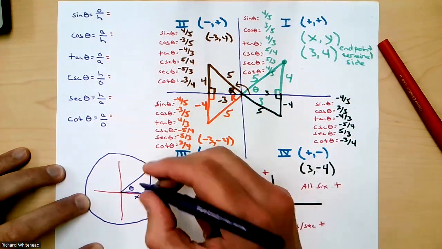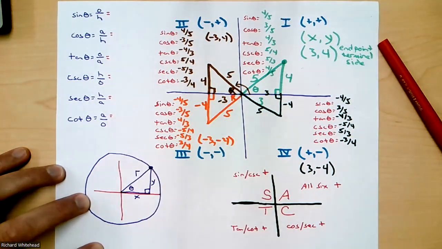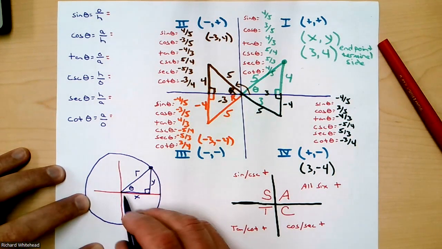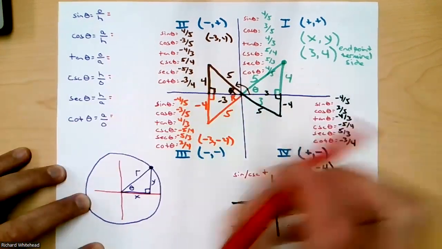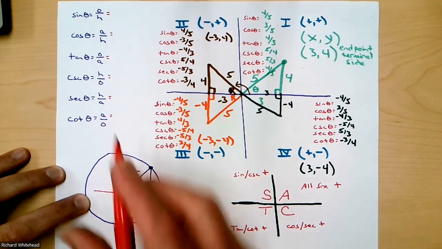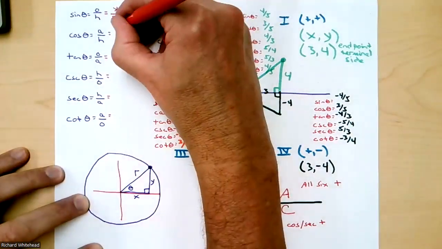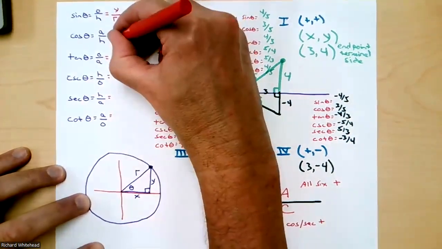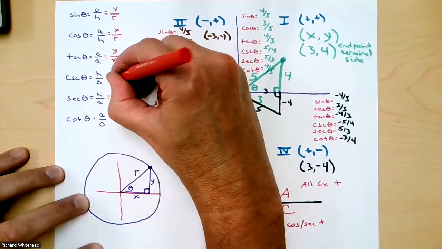So this guy was x, this guy was y. This now is the radius of the circle, because we're making our angle based on a circle. Which means when I start thinking about my trig ratios, instead of sine being opposite over hypotenuse, I can say sine is now the y value over the radius. Cosine is now the x value over the radius. Tangent would be y over x. Flip all these guys.